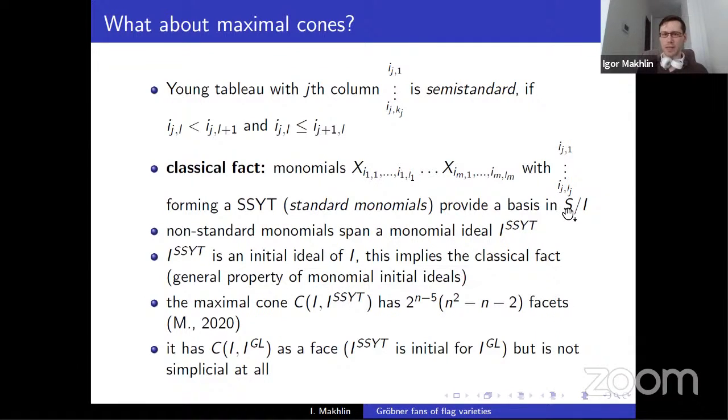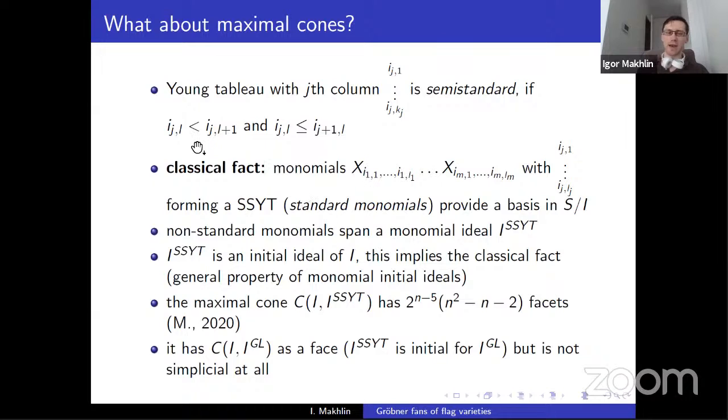And so I think many of you came across this statement. It is very old. And what I'm saying is that you can actually look at this classical fact from the viewpoint of Gröbner theory, from the viewpoint of initial ideals, right? So why?